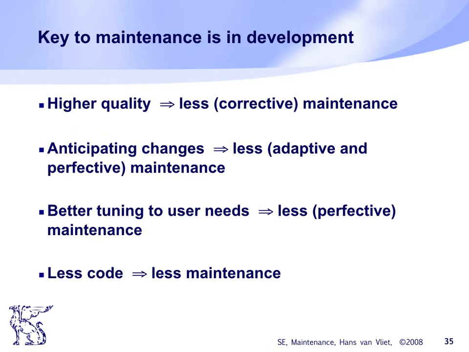Key to maintenance in development. The first one defines that higher quality means less corrective maintenance. Higher quality means that your code is well structured: you have given proper commenting, you have maintained consistency, and the complexity of your module is less.